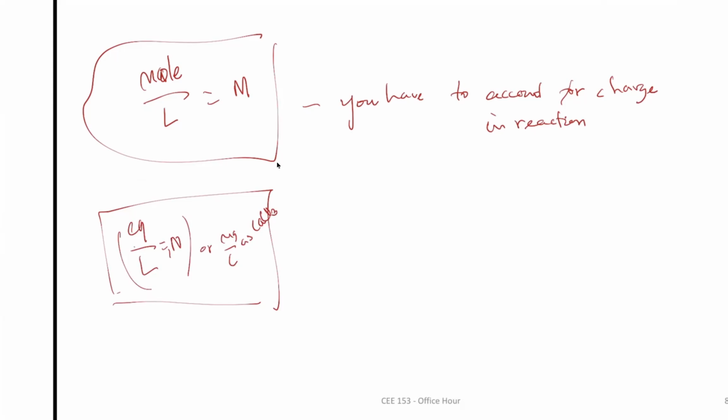But the second part of your question is, when you are looking for the concentrations of lime and all that stuff, do you account for the charge? That is based on the reaction stoichiometry, so that number has nothing to do with the charge. They are not the same concept here. So you just plug the value into that equation, and that number multiplies by 2 and all that stuff.